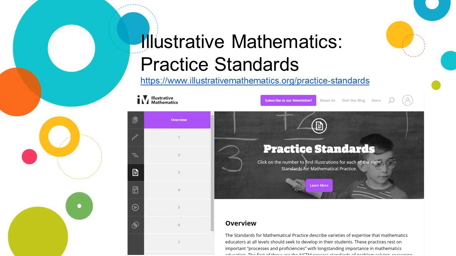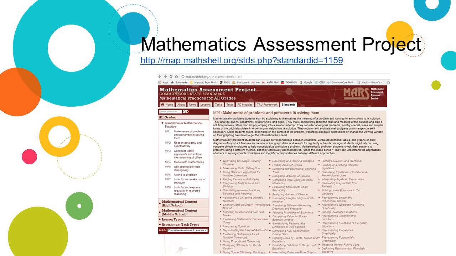Again, I would suggest that you go to the Illustrative Mathematics site. Just look for the practice standards, and you can see down the side there are the 8 standards for mathematical practice. This is an amazing site for you to access. Another website that I wanted to share with you is mathshell.org.